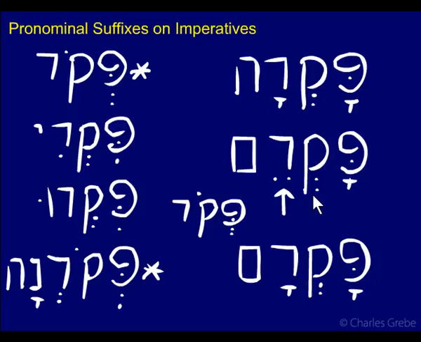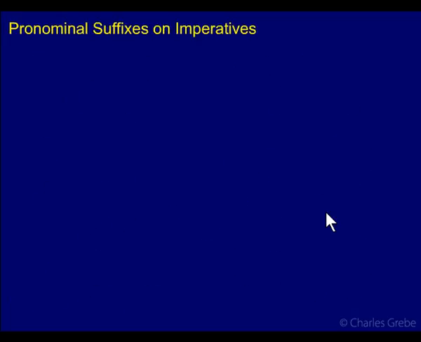They can look the same. But the tsere helping vowel, which is what you have for the imperfect, you also have for the imperatives, which makes sense because the imperatives come from the imperfect. The infinitive construct does not come from the imperfect, and so it doesn't have the helping tsere.